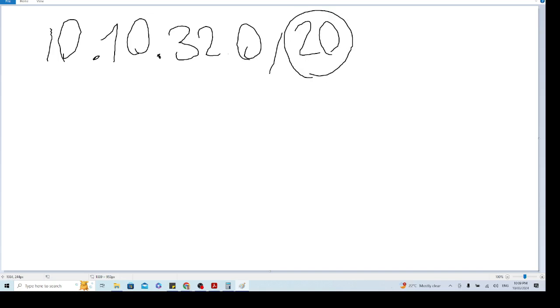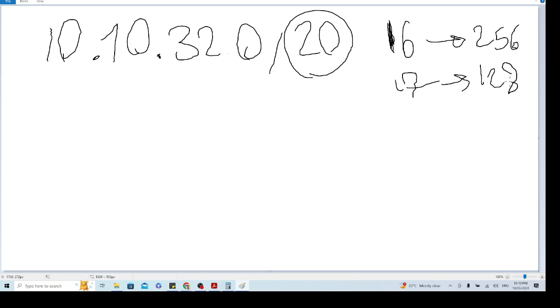Let's go to mapping. I told you /16 is mapped to 256, /17 to 128. Just do it in your mind.